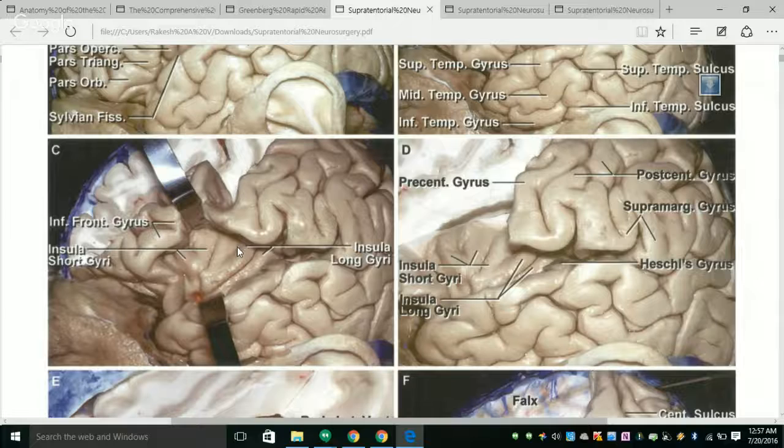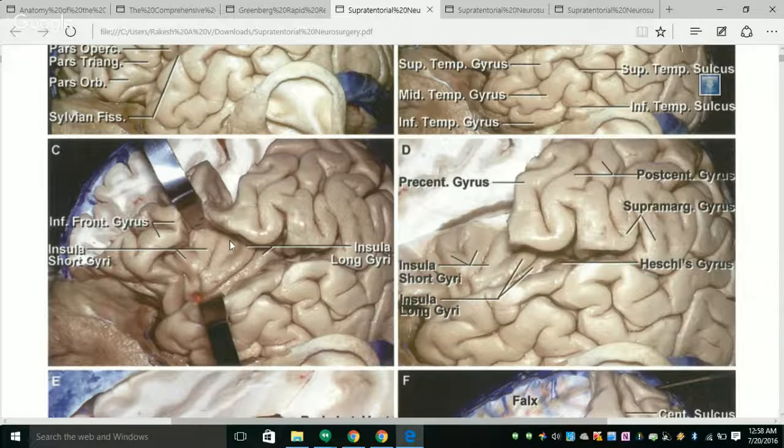So the opercular lips, the lips that were closing, have been retracted to expose the insula, which is defined at its outer margin by the circular or limiting sulcus.